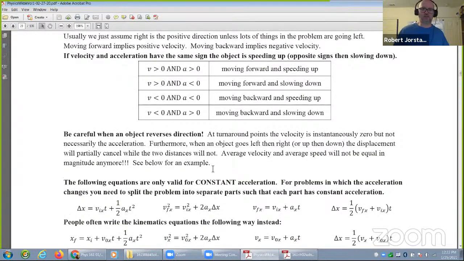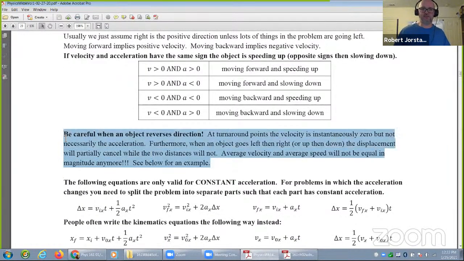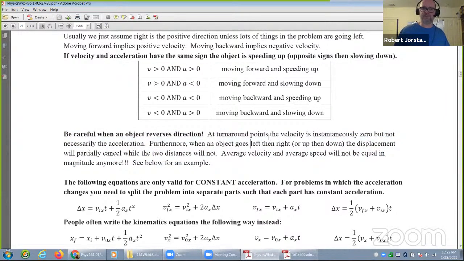Here's a warning I give. Be careful when an object reverses direction. When an object reverses direction, it's changing from moving one way to moving another way, so it's going from a positive velocity to a negative velocity, or the reverse. Let me draw a little animation of that. Imagine some object going this way and then it turns around.